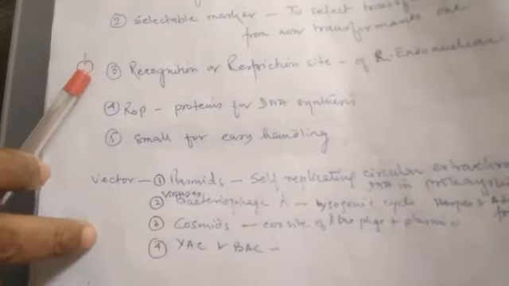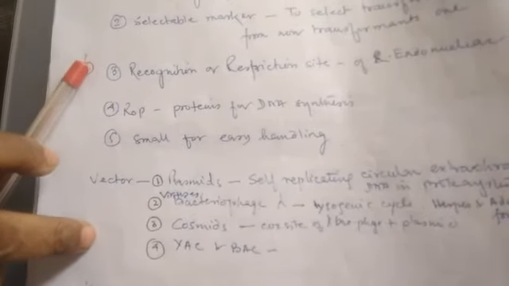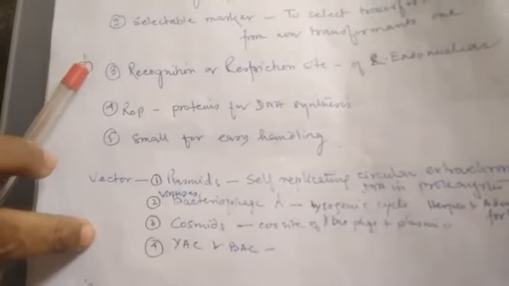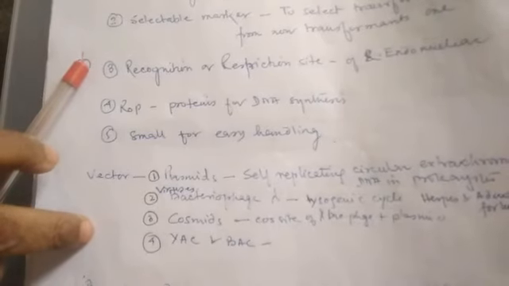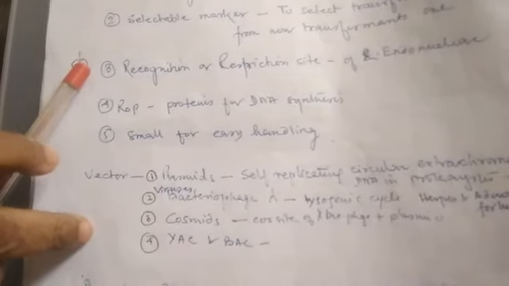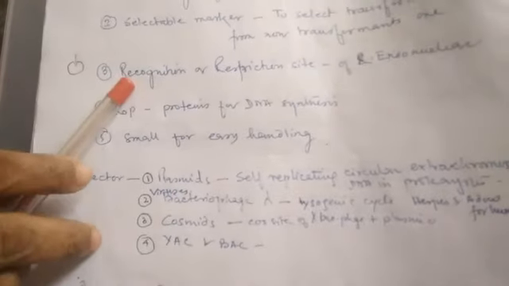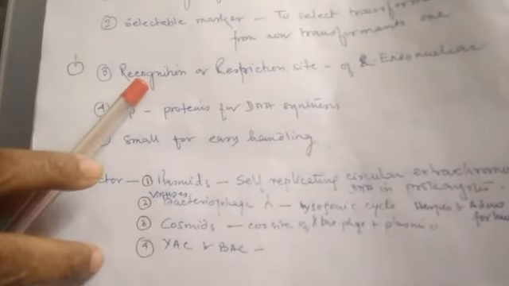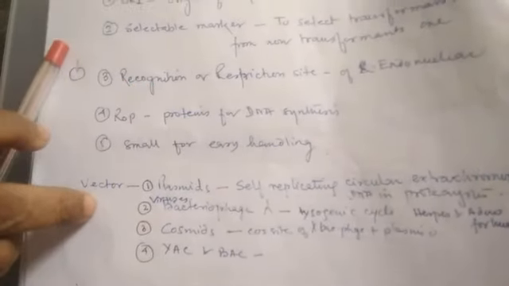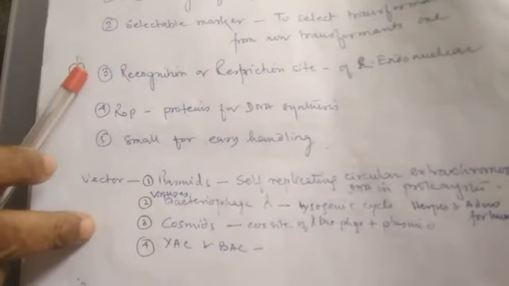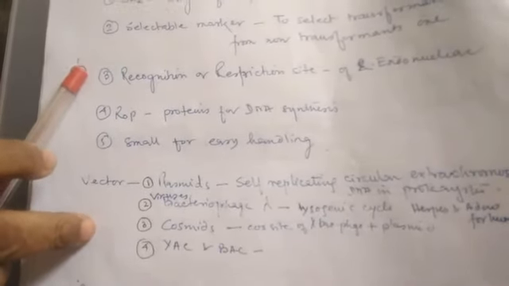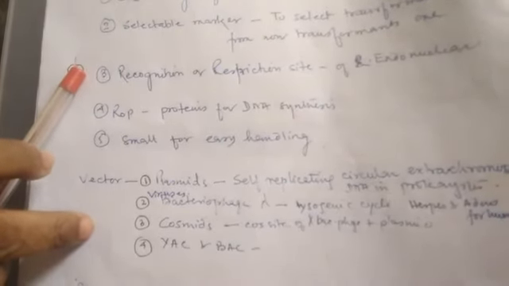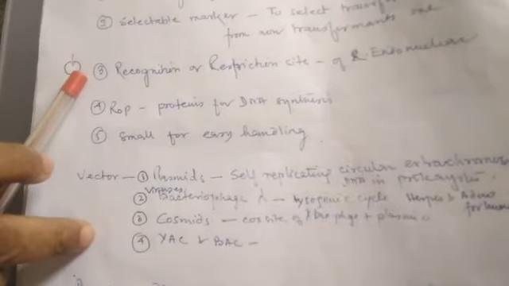Another thing is that the site of that restriction endonuclease is needed, by which we have cut our desired DNA fragment, because already we have learned that they produce sticky ends so that they can rejoin. So the recognition site will be of that restriction enzyme by which we have cut our desired DNA, and that particular recognition site will also be here so that we can cut the plasmid or the vector by that particular restriction enzyme and can insert our gene of interest.